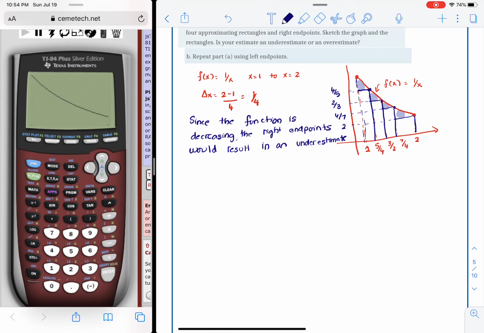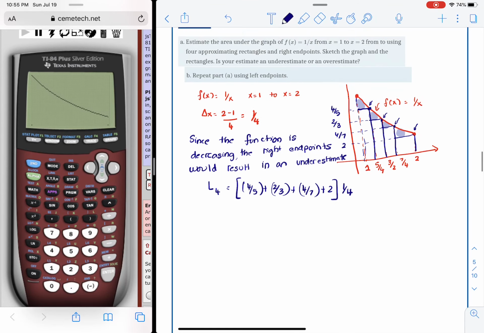So that has to be the lower endpoint. I evaluated the function at each of the endpoints here, there, there, and there. So I would simply have 5 over 4 times 4 over 5, 3 over 2 times 4 over 5 plus 2 over 3 plus 4 over 7 plus 2, multiplied by delta x, which is 1 over 4.